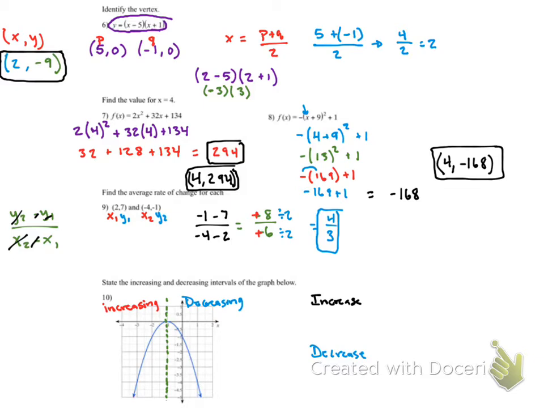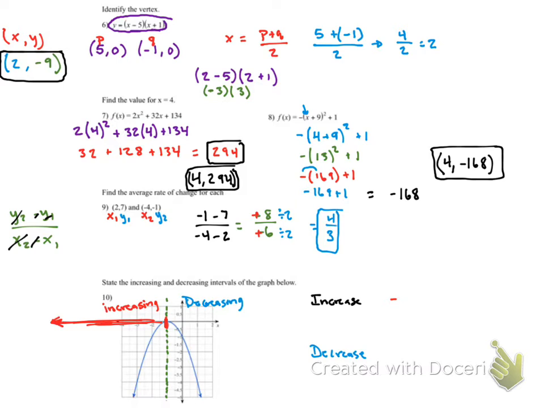So our increasing, and again, we always want to start with the x's, right? So we use the x's to determine where the interval is from. So increasing was all this here going on forever. So increasing starts at negative infinity and goes all the way to that very top point there.